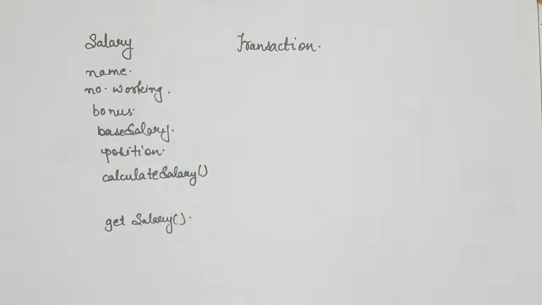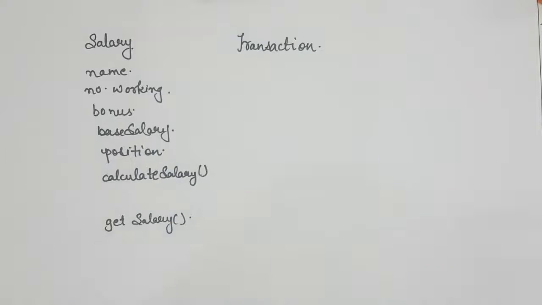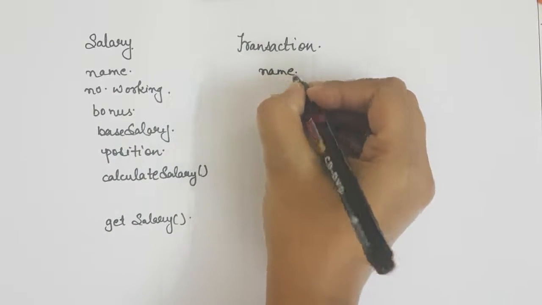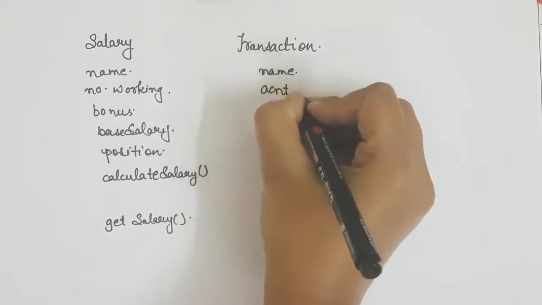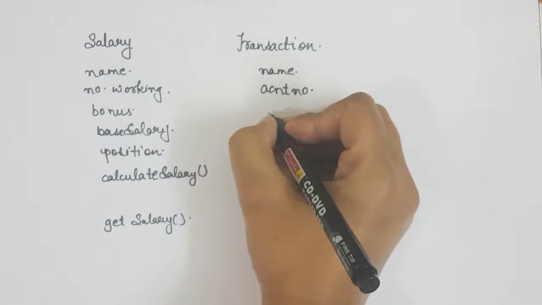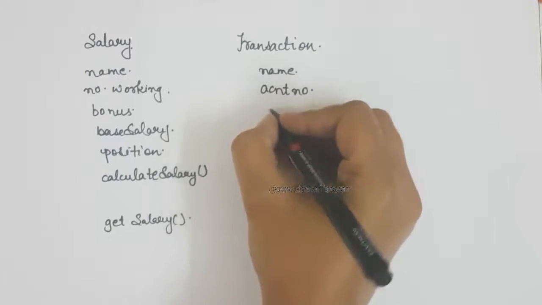So this is the salary department, and this is the transaction department. The task of the transaction department is just to transfer the monthly salary money to the employee. So it will again have a name, an employee account number, and a method called transfer.